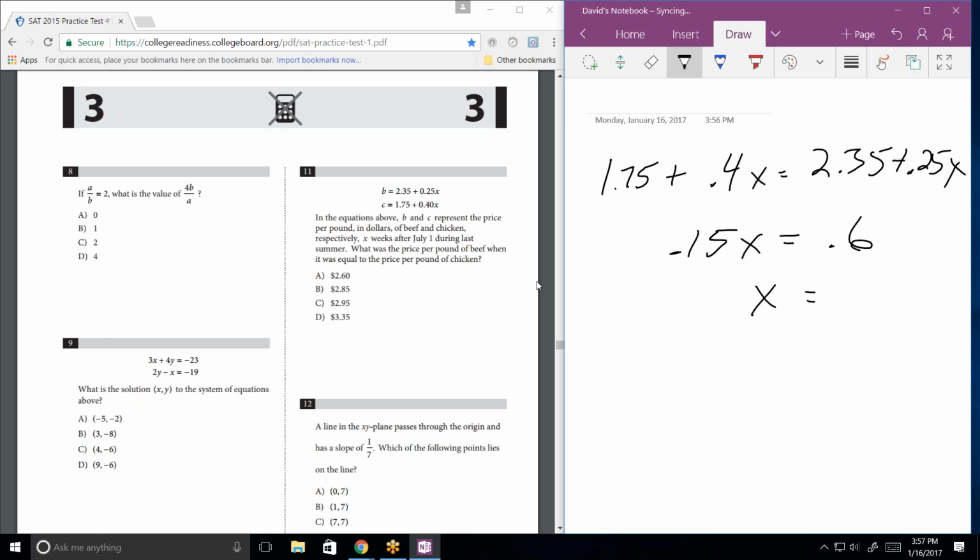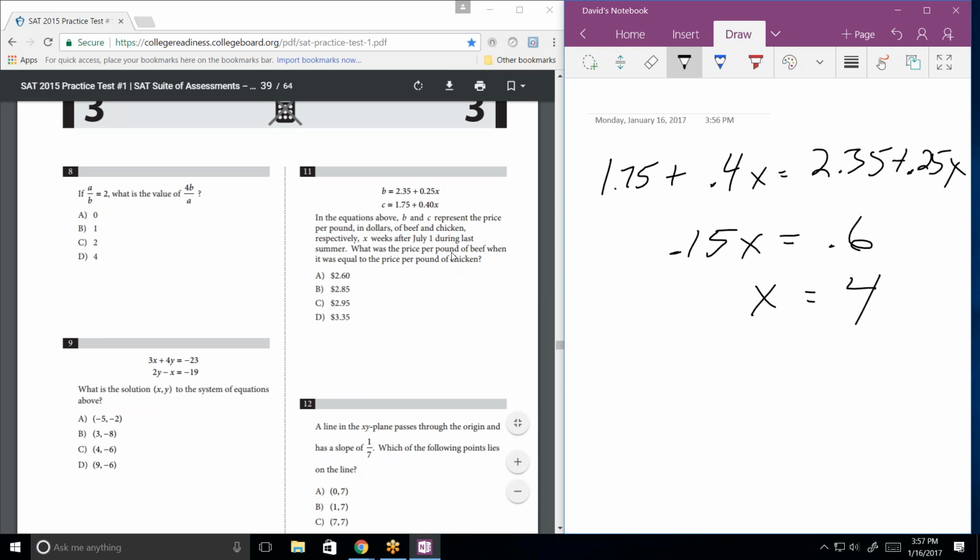What did I do wrong here? No, what did I do wrong? Doesn't 0.15 go into 6 4 times? Yeah, it does. Oh, it's 0.6. It's 0.6, and it still goes in 4 times. I get 4.